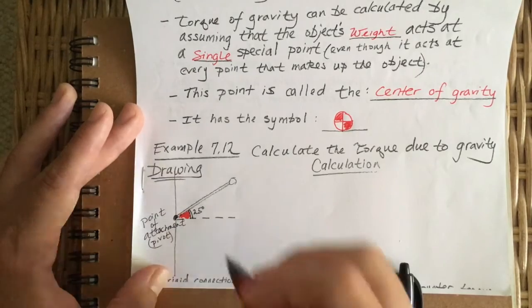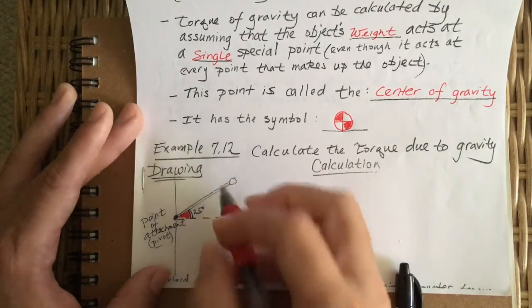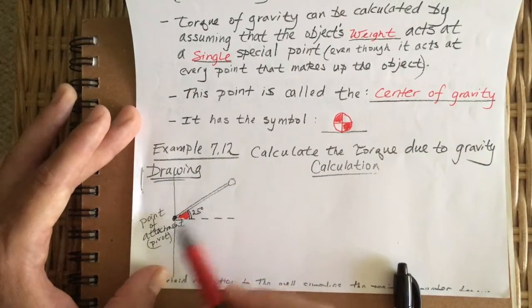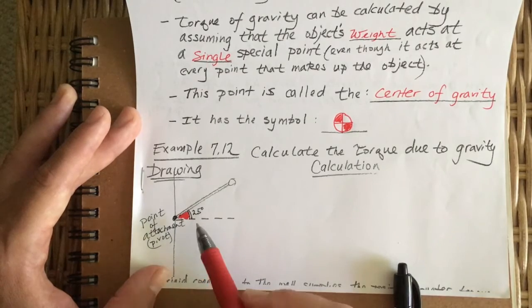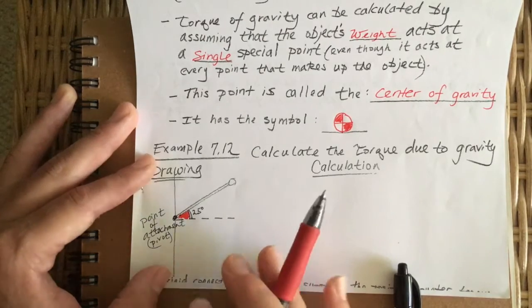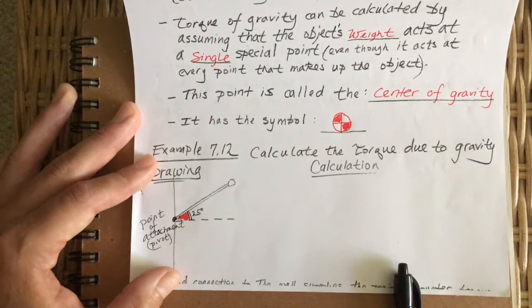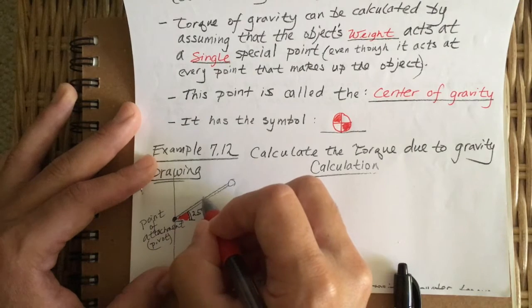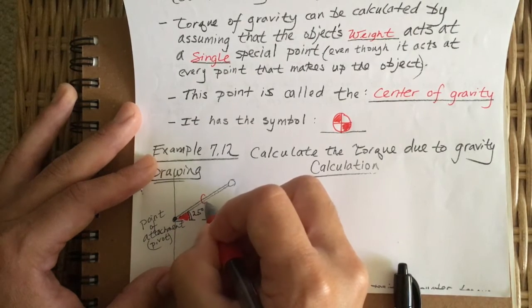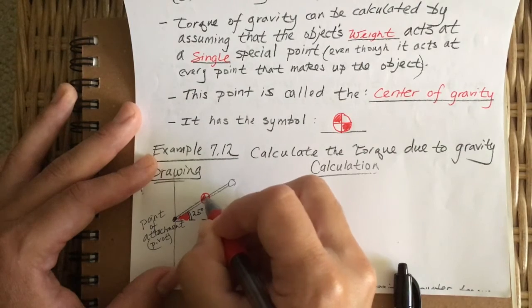They also tell us that the center of gravity, I guess we don't know if this is symmetrical or not. Usually when we're given an object, if they tell us it's symmetrical, then its center of gravity is at the very center of the object. They just tell us that the center of gravity is 1.6 meters.